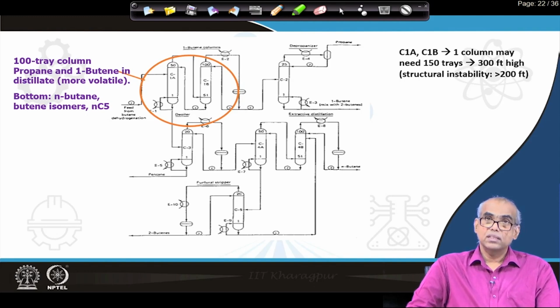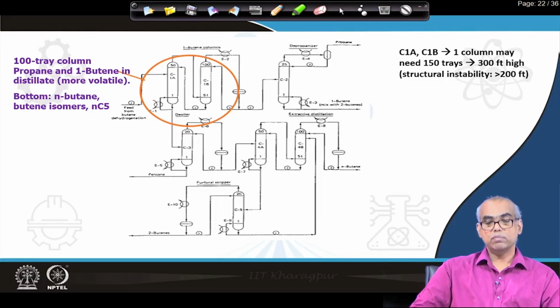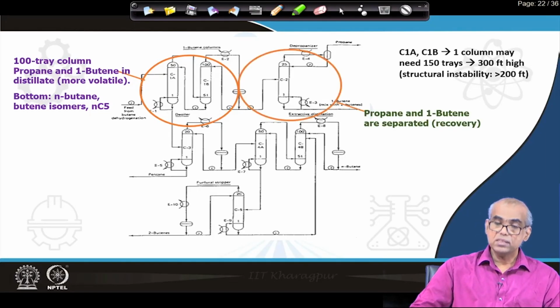Note that the other butene, 1-butene, and propane have been obtained as distillate from this C1A, C1B column. So, this distillate stream goes to distillation column C2 where the propane and 1-butene are completely separated. So, they are recovered.